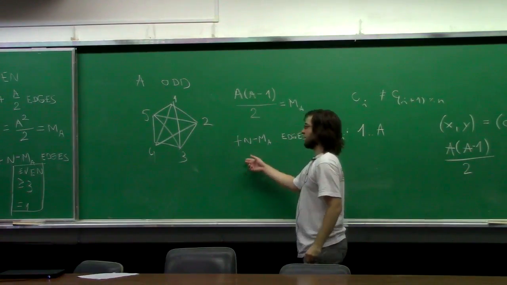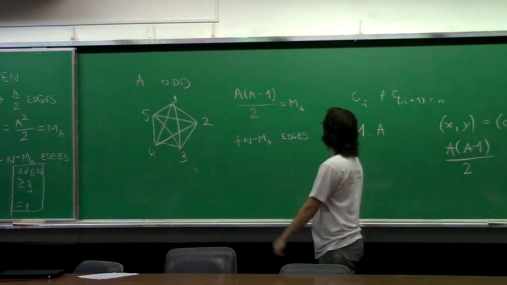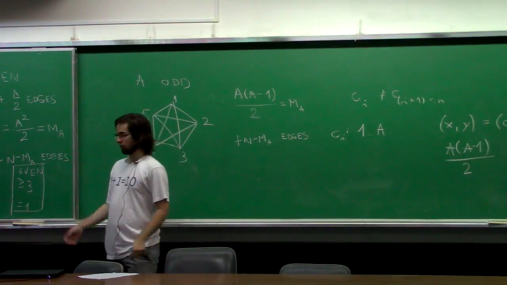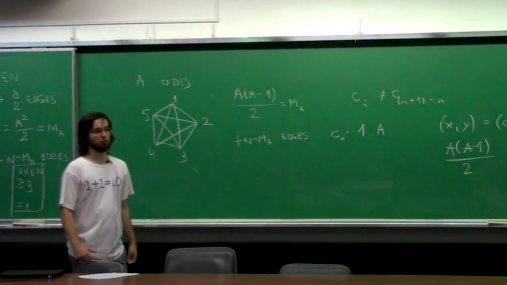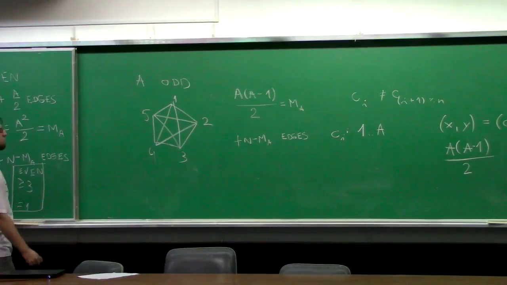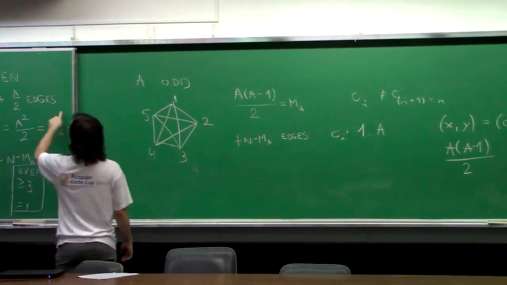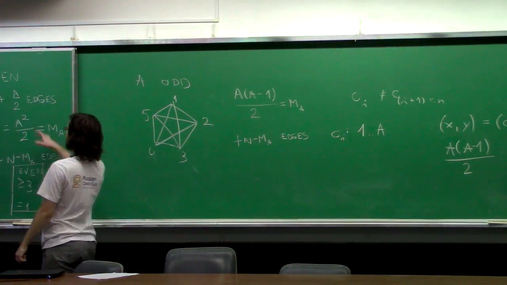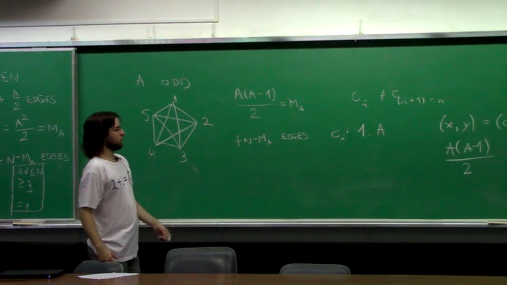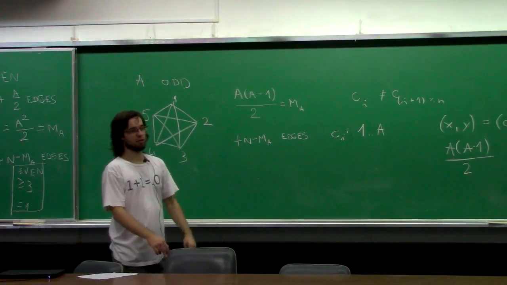If n minus ma is equal to 0, everything is fine. If n minus ma is equal to 1, then it's impossible. This is obvious because we need to add one edge to a complete graph. There are no options like in this case, where we could go back, not to do this step, but check how it can be done in a better way. Here we just have a complete graph. We need to add one edge.